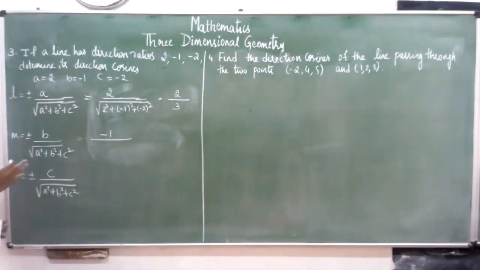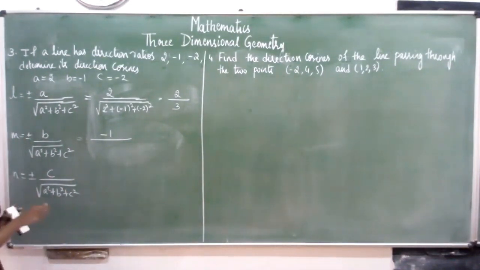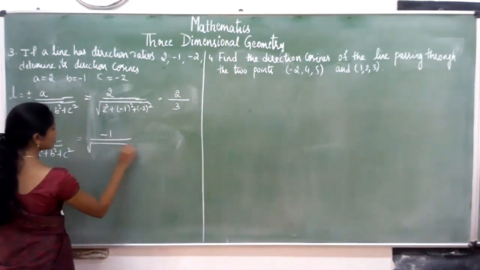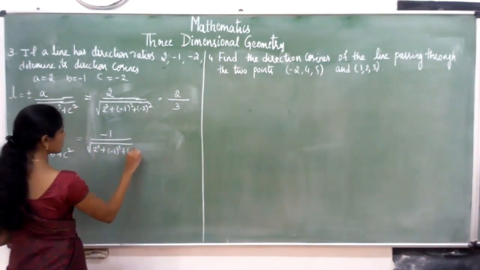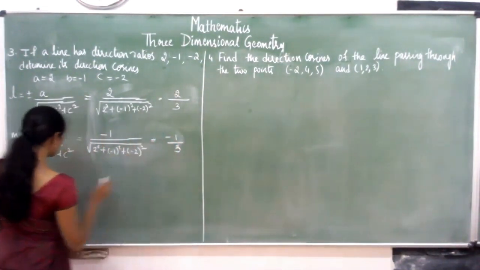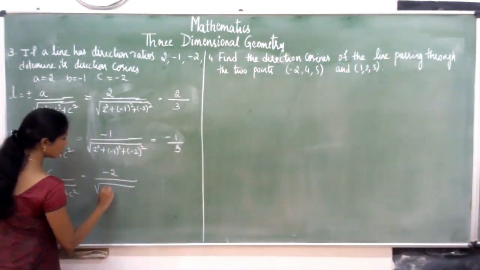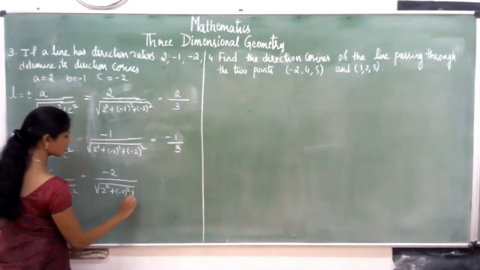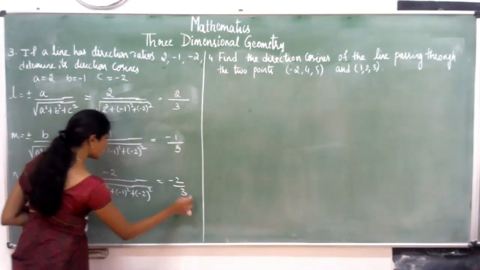Why plus or minus? Again I'm telling, this is because we are taking a line here. So minus 1 divided by root of 2 square plus minus 1 the whole square plus minus 2 the whole square. Therefore minus 1 divided by 3. Next you have minus 2 divided by root of 2 square plus minus 1 the whole square plus minus 2 the whole square, which is minus 2 by 3.